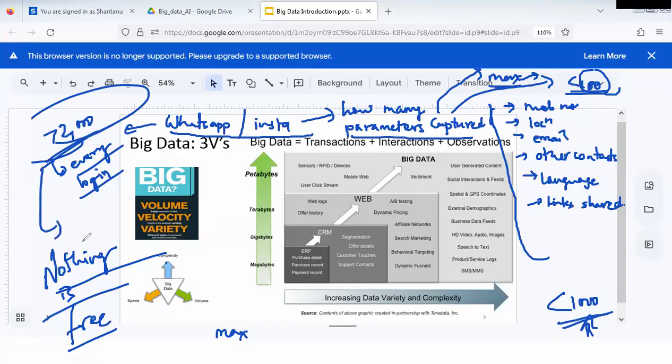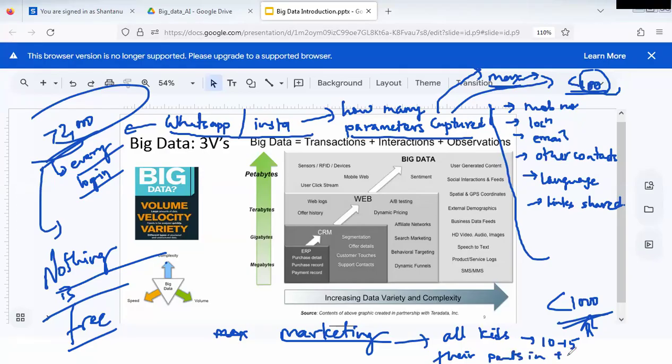Understand that there are some companies which can tell you, say there is a marketing campaign, it can be told that, let's say I want to find out all kids between 10 to 15 age, and their parents in an IT company, and their total income is greater than something, and their location is this.